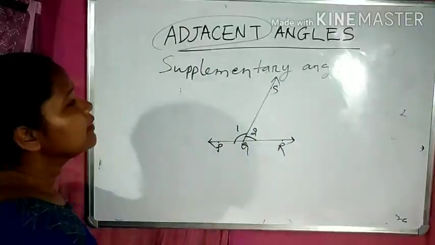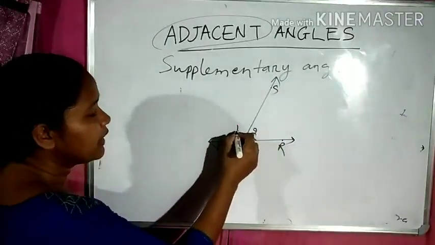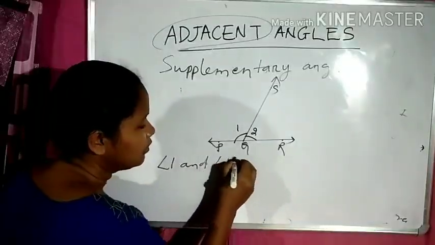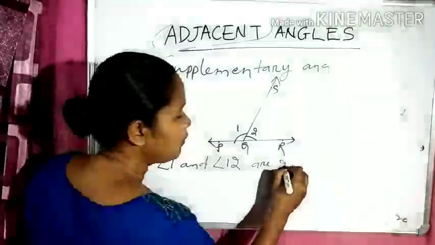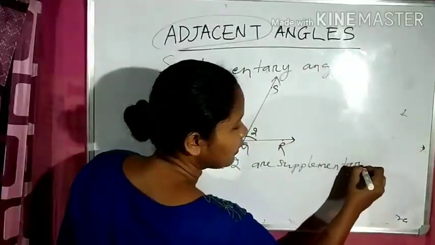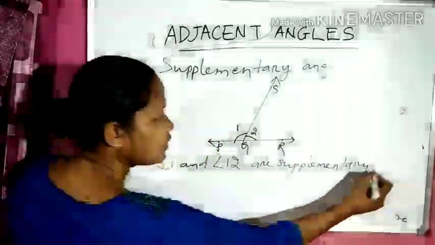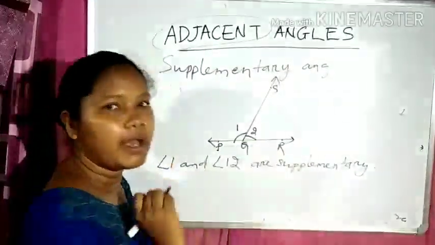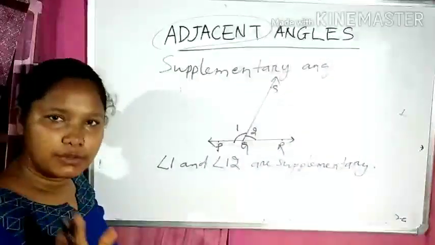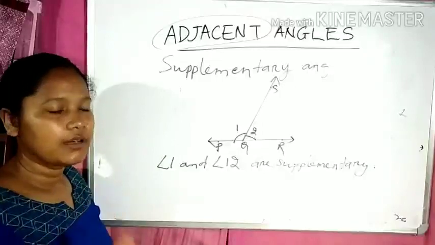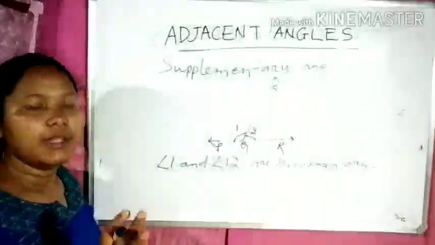So angle 1 and angle 2 are supplementary. Supplementary means, do you remember, in the previous class we discussed what a supplementary angle is. If the sum of 2 angles is 180 degrees, then we call them supplementary angles.